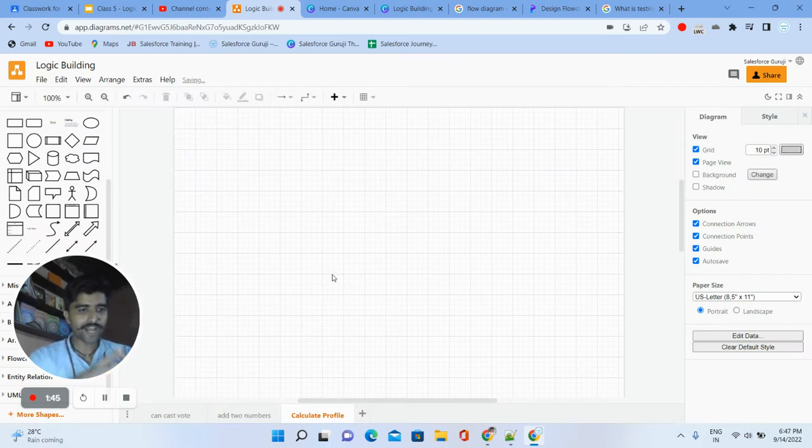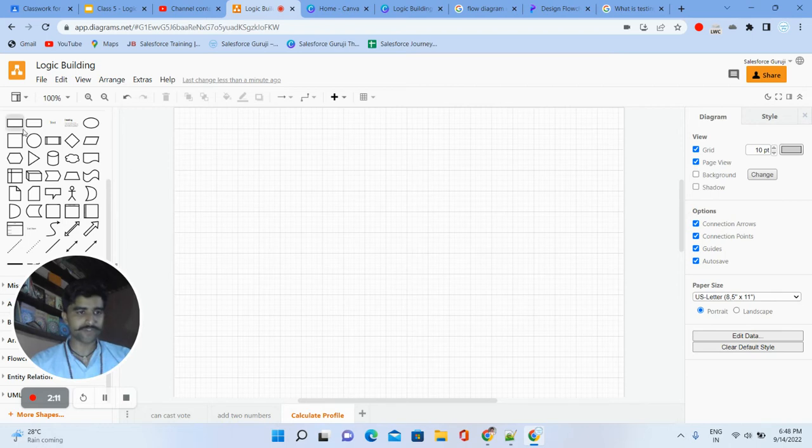Suppose you have this requirement where you want to calculate the profit. First, think about what things you need to calculate a profit. We need the selling amount and the cost.